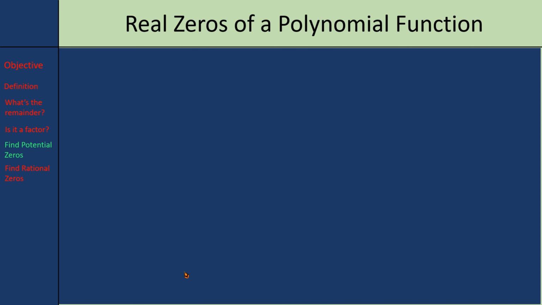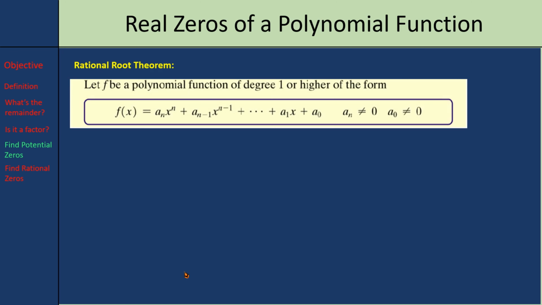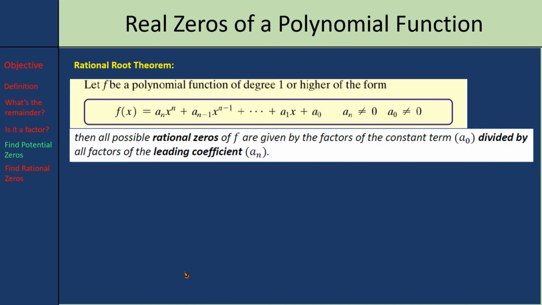Now, there's a theorem that says if you have a long polynomial like this, any kind of polynomial, any rational zero that you might have is of this form. Any zero you have is given by the factors of the constant term, the last term, divided by the factors of the leading term.